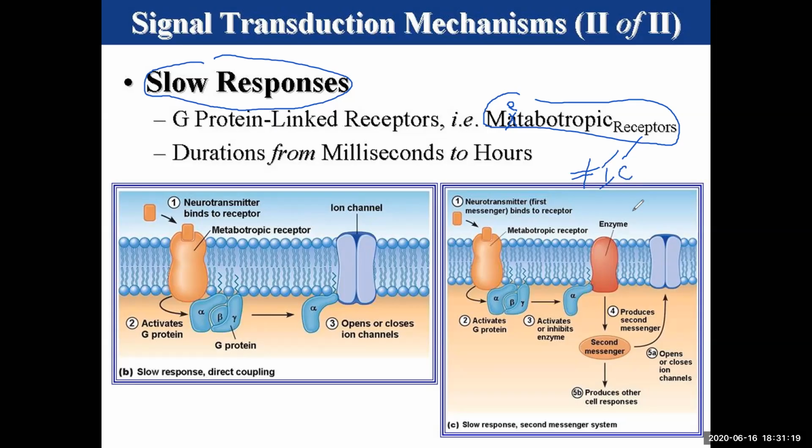So they are G protein coupled receptors here. There's no ion channel to be seen anywhere, okay? So make sure that you have that down, right? So there's no pore, no opening within that receptor. And they are much slower to respond than an ion channel.